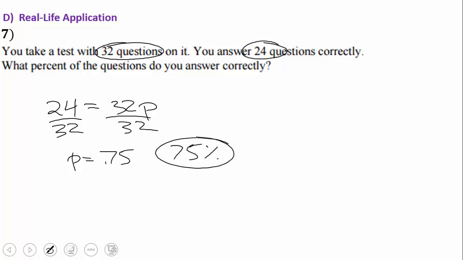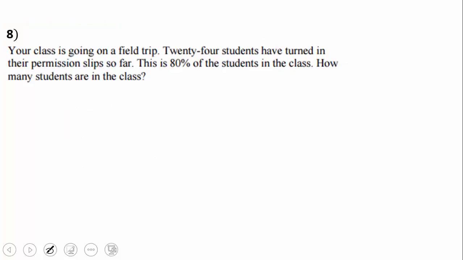Okay, moving on. Your class is going on a field trip. 24 students have turned in their permission slips so far. This is 80% of the students in the class. How many students are in the class? Well, it's telling us that 24 students is 80% of the students in the class.